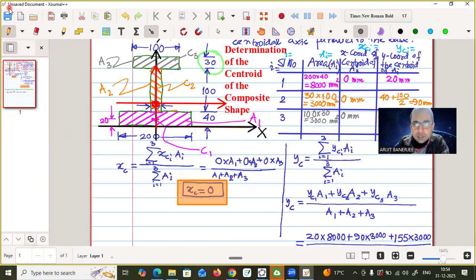This is x prime and this red is y prime. Okay, so this is x prime, y prime for the whole object, not for the individual regular shapes. This is for the complete object.